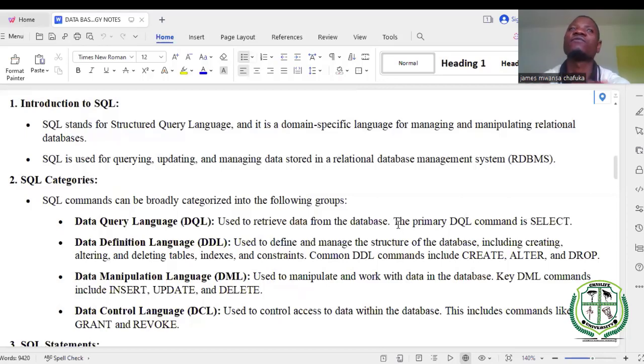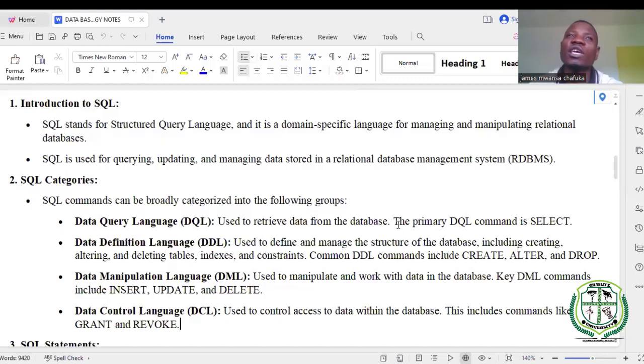Like I said from the beginning, SQL has different categories. Among the categories, we have data query language, which is used to retrieve data from the database.